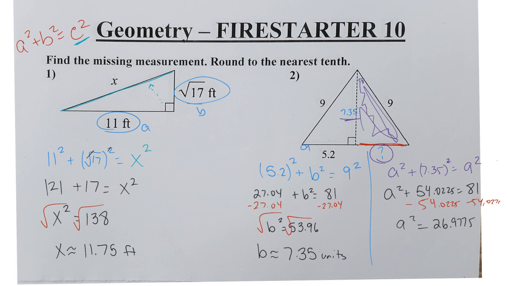Now I square root both sides, just like we did before, because that's how I get rid of the little 2. So the square root of 26.9775. Mine might be a little bit different because I did not round until the end. So I get A is about 5.2.